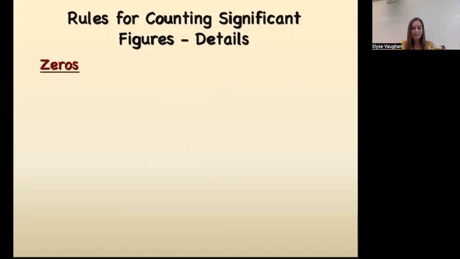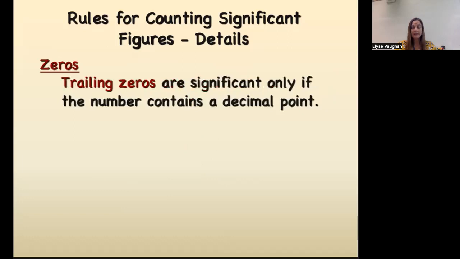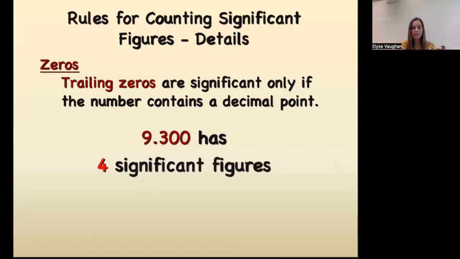And then our last zero rule, unfortunately, is a sometimes rule. Our trailing zeros, zeros on the right end of a number, are significant only if the number contains a decimal point. So 9.300 has 4 significant figures. This last zero, this trailing zero right here, is significant because there's a decimal place here.